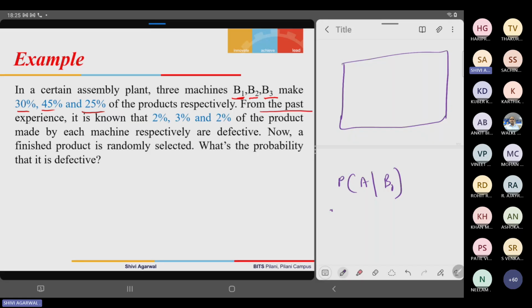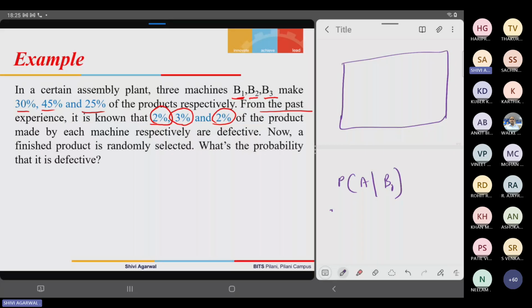From past experience, it is known that 2%, 3% and 2% of the products made by each machine respectively are defective. So made by each machine means we are selecting that one, it is an already occurred event, and we are finding that they are defective.